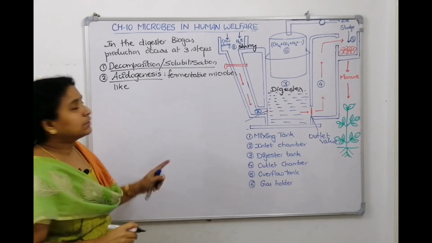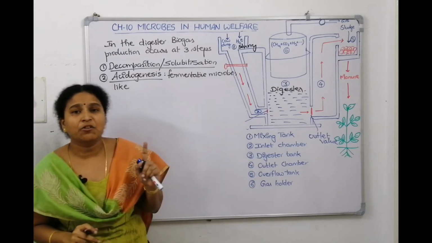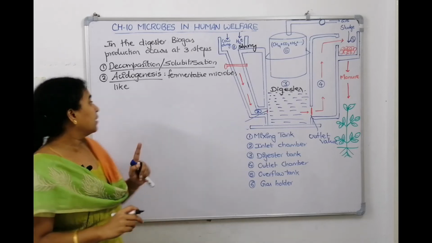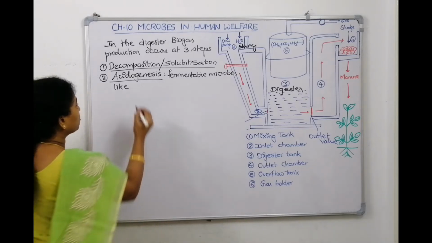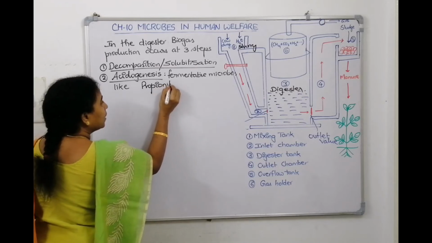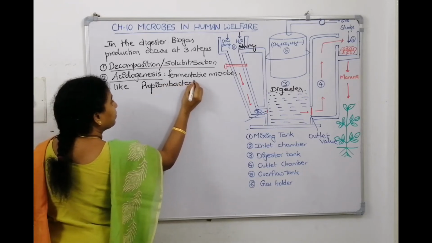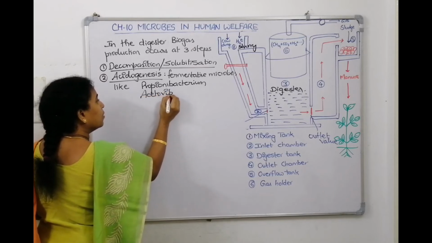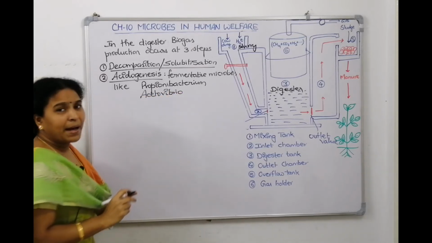If we list the examples of fermentative microbes, Propionibacterium and Acetovibrio are the examples. These are some bacteria.